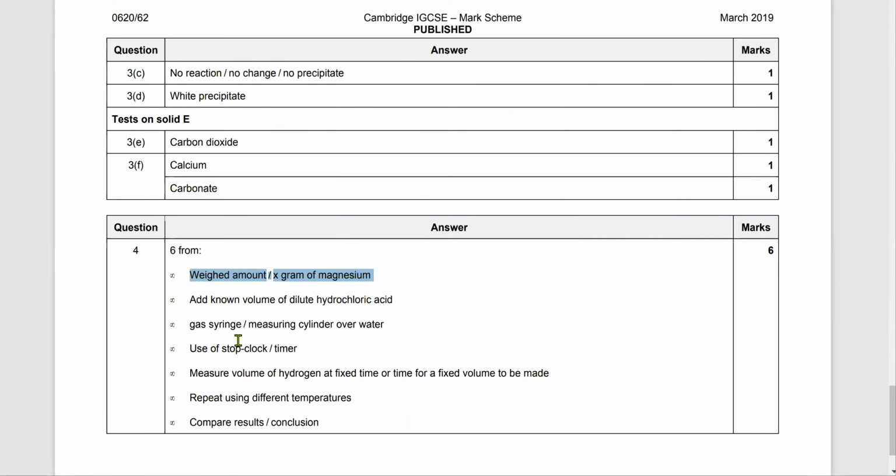Gas syringe, we did this. Use a stopclock to time it. Measure the volume of hydrogen gas at fixed time intervals. Repeat using different temperatures and compare results. They did not give as many marks for the diagram as there should have been. They did not mention how you would change the temperature, so they actually did not give marks for that.